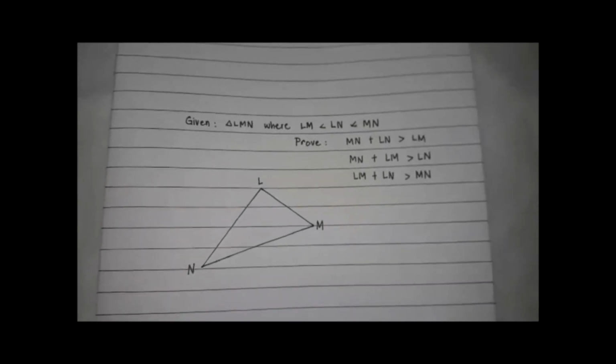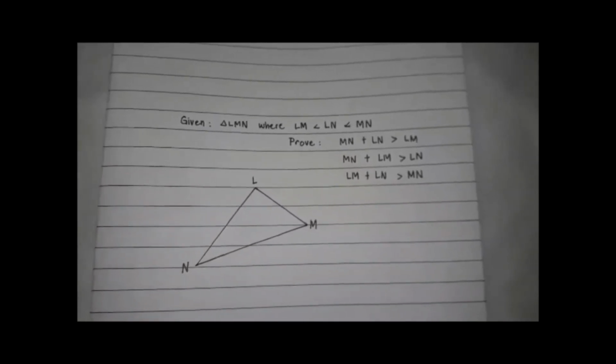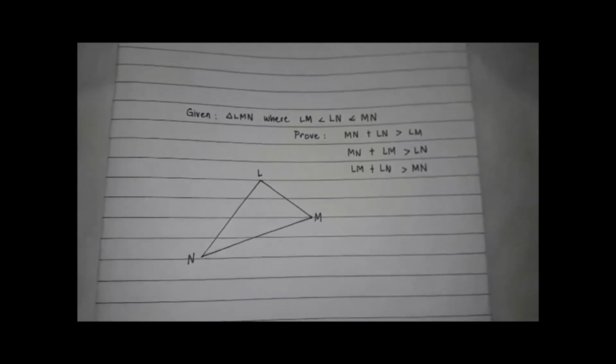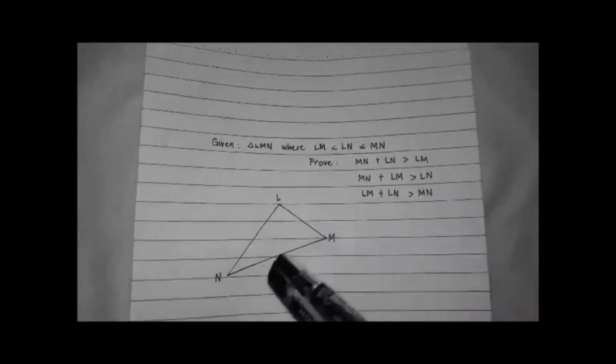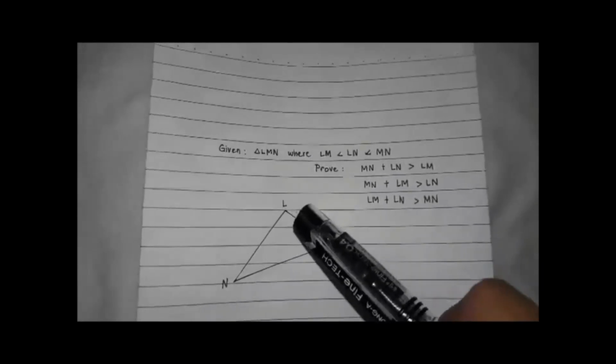Given triangle LMN where LM is less than LN is less than MN. Prove MN plus LN is greater than LM. MN plus LM is greater than LN. LM plus LN is greater than MN. Notice that MN is greater than LN and that MN is greater than LM.